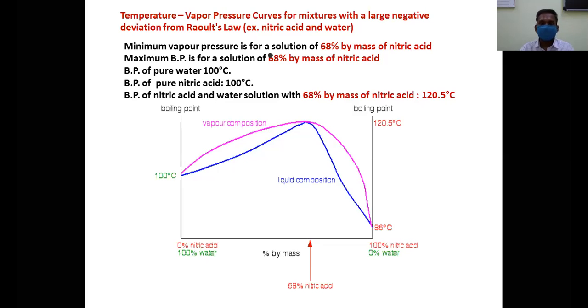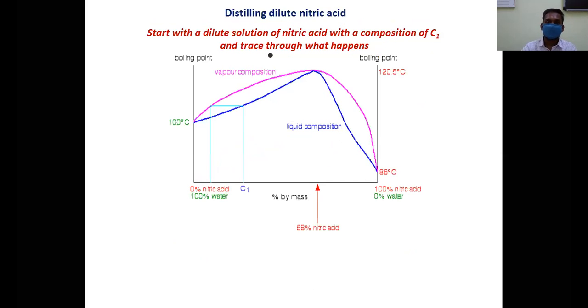The significance of that point we will talk about when we discuss distillation processes and the principles involved in distillation. Anyways, so now, as of now, like I told you, you have to use these curves for distillation processes.